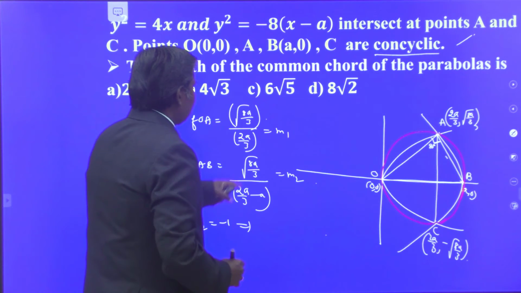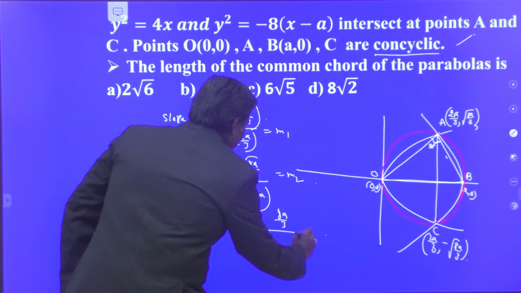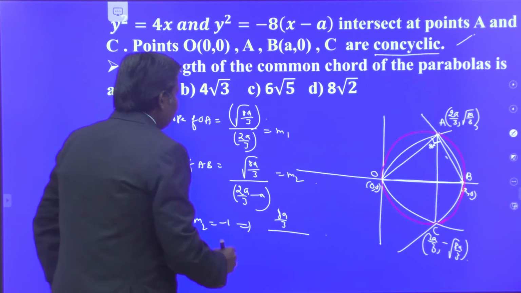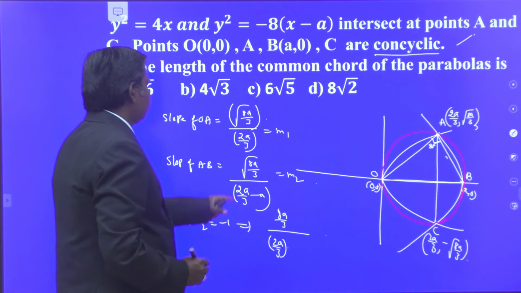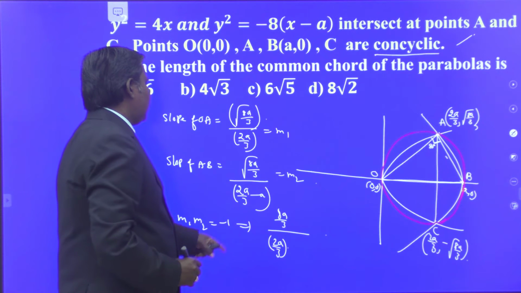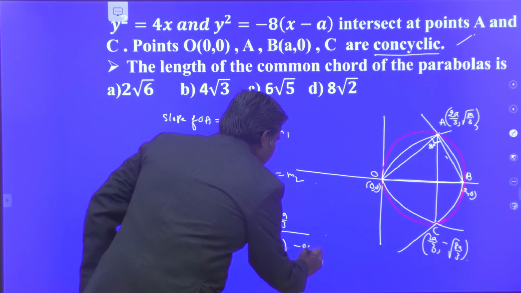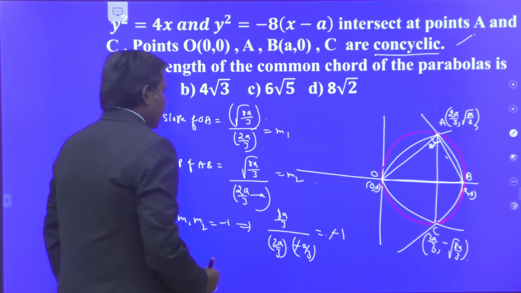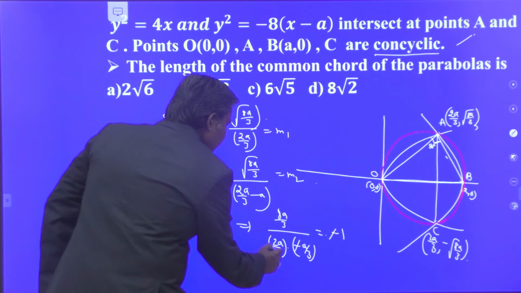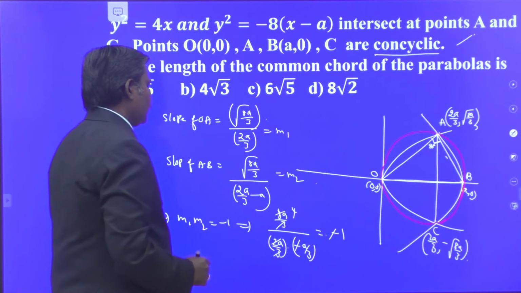This implies that by multiplying these two, the square root will vanish. 8a by 3 whole divided by 2a by 3 into 2a minus 3a by 3, that is nothing but minus a by 3. Minus a by 3 is equal to minus 1. This minus minus gets cancelled. 3 gets cancelled. 2a cancels out 4 times.